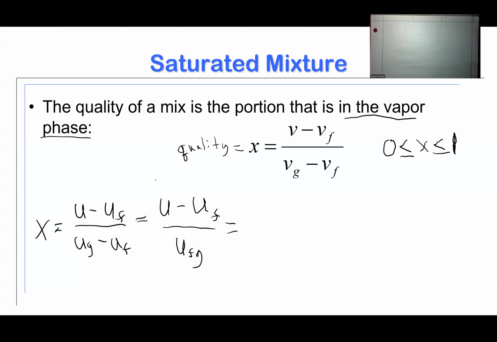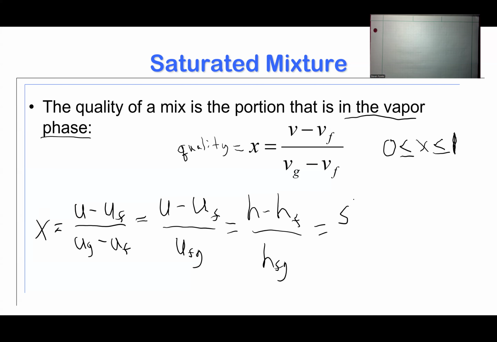So once I know the quality, whether I find it using specific volume or I find it using a U value, I can use that same quality then to find other properties as needed. So H minus H_F over H_FG is going to give us the same X, same quality ratio as I would use for any of the other properties.